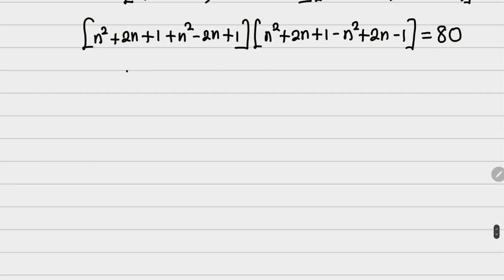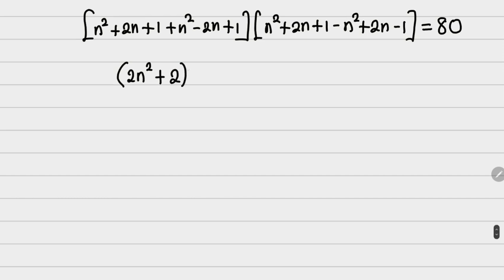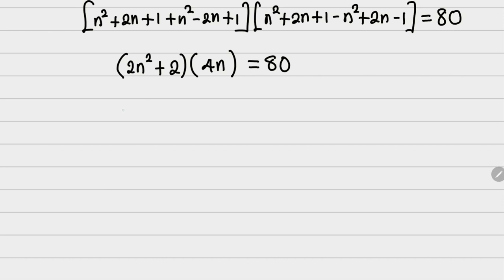Now, watching this, we have 2n squared plus 2, very important. Now, into here, we are going to have 4n. Everything is equal to 80. Now, factorizing this first, we are going to have 2 into n squared plus 1 into 4n is equal to 80.